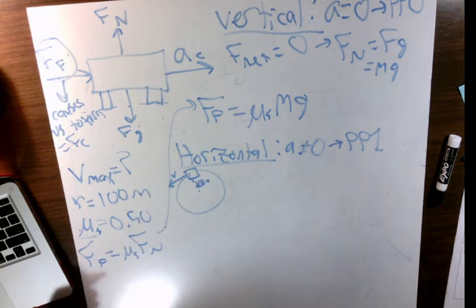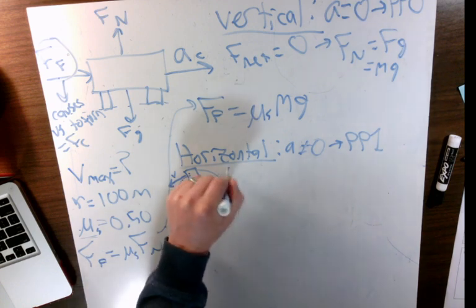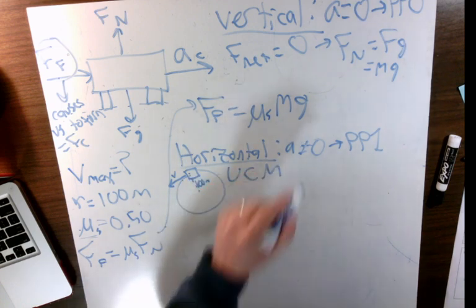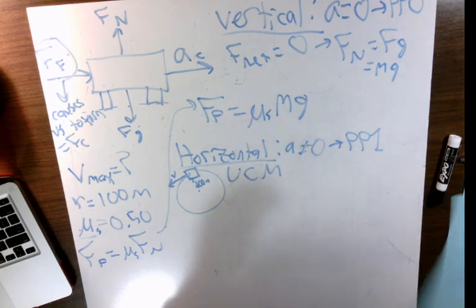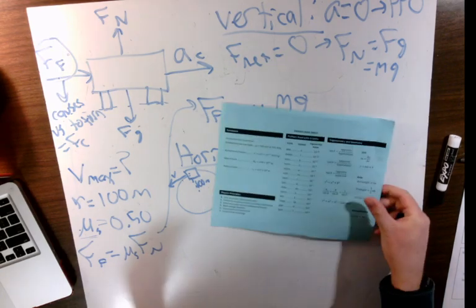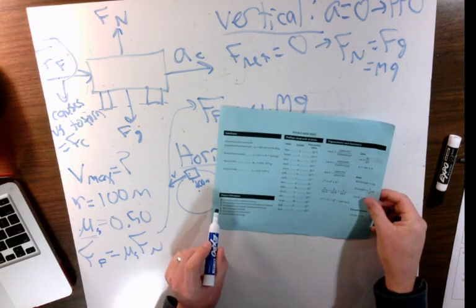Okay, so we're looking in the horizontal direction at a horizontal circle with uniform circular motion. So I'm just going to abbreviate it as uniform circular motion, which if we look at the back of our formula sheet, we can see is actually principle of physics 2.